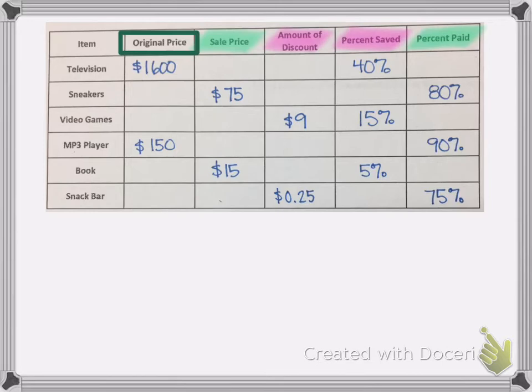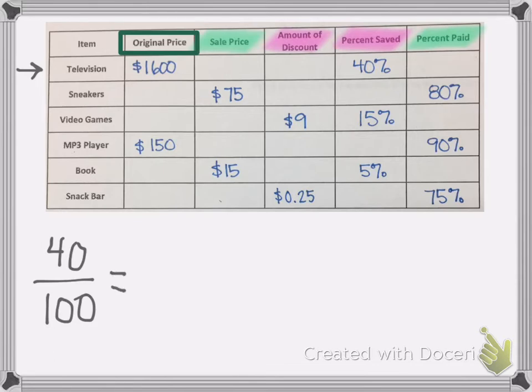All right, so here we go. Let's look at the television first. They gave me the original price, so that's a whole, and then they gave me a percent. Well, the percent is in itself a part to whole ratio. The part is 40, the whole is 100, because percent means per 100. So 40 out of 100, and there's our part to whole ratio.